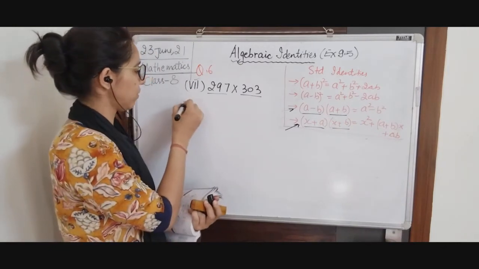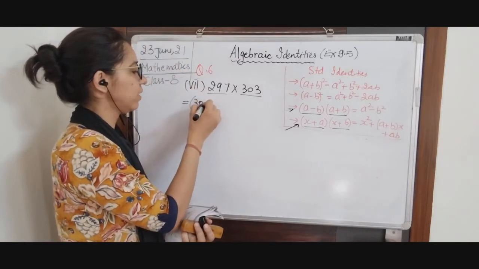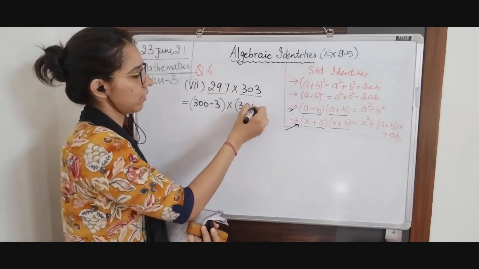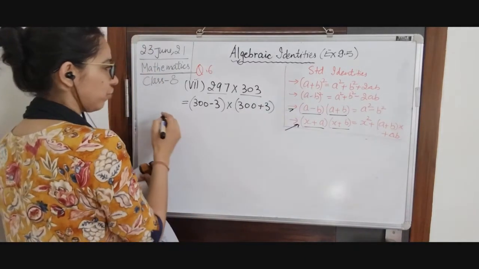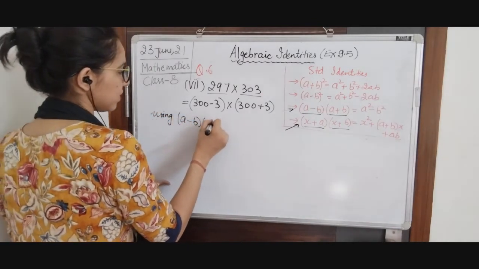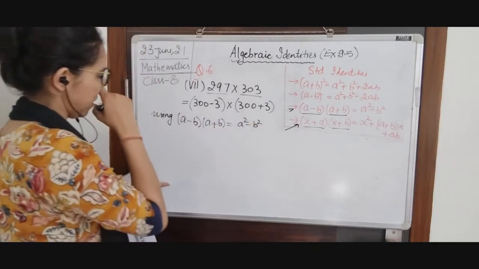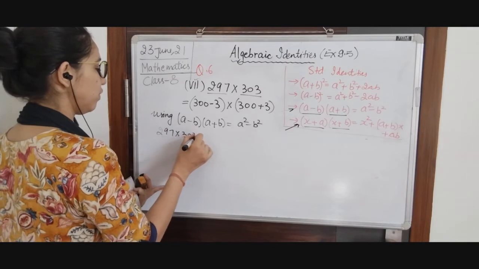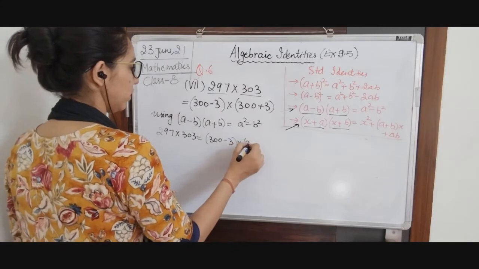I'll try to write it as 300 minus 3, and this number is 300 plus 3. It means we can use this identity, which is the third identity: (a minus b) into (a plus b) is equal to a square minus b square. Our given product 297 into 303 will be equal to (300 minus 3) into (300 plus 3).